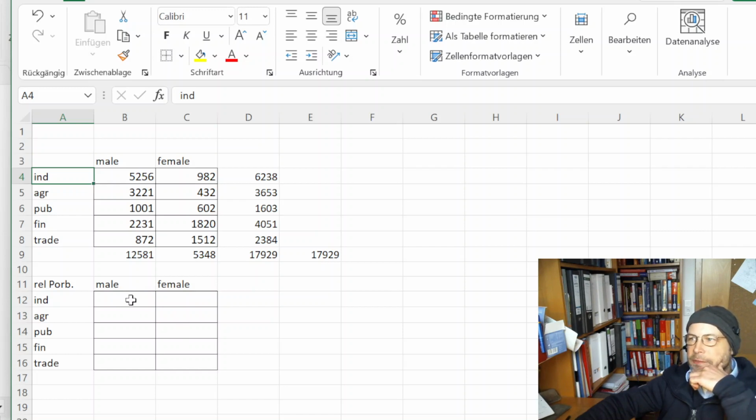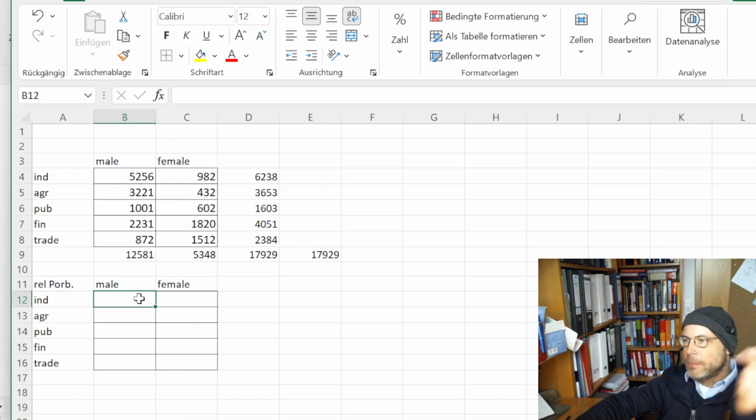What do I have to calculate? Maybe you don't give me just the result, but what you are doing to obtain the probability to be male and educated in the industrial sector from my sample.